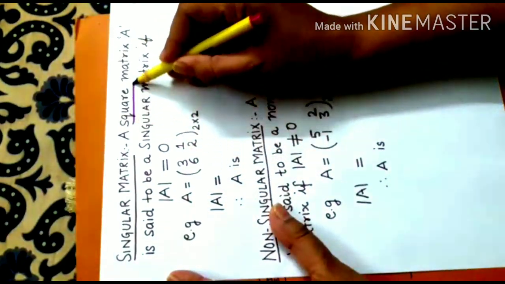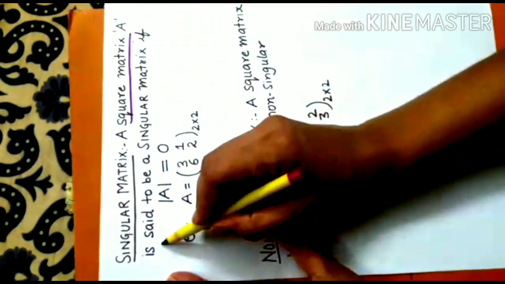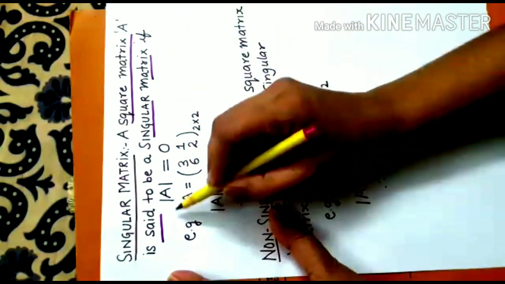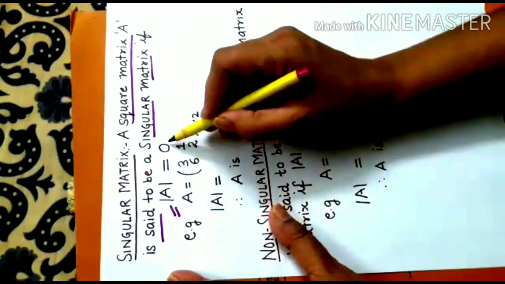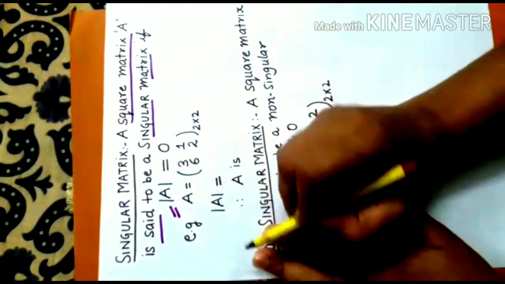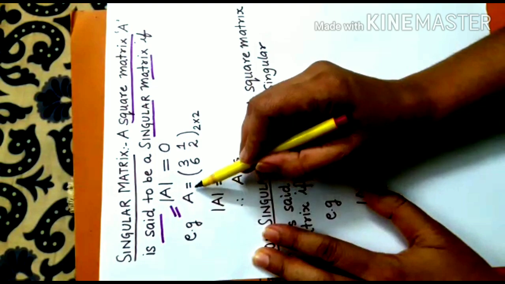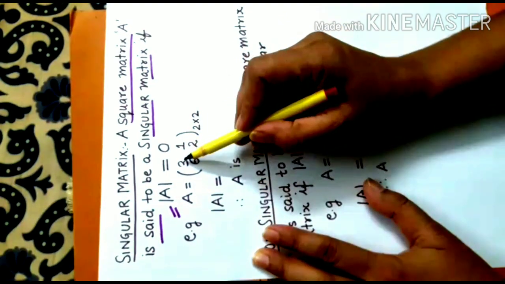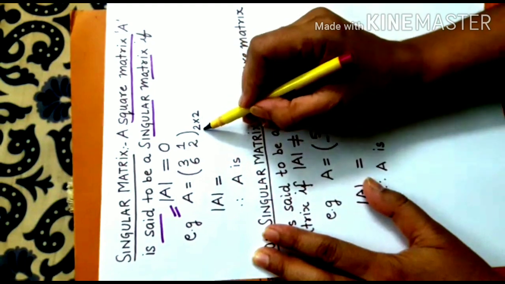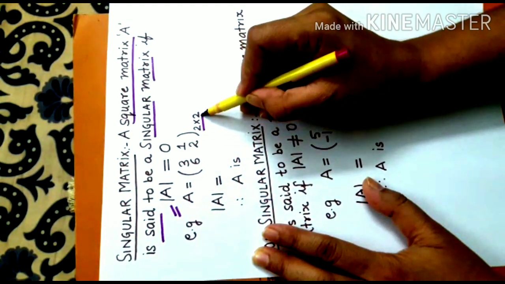A square matrix A is said to be a singular matrix if its determinant is equal to 0. For example, if I have a matrix A with elements 3, 1, 6, 2, it is a square matrix of order 2 by 2.